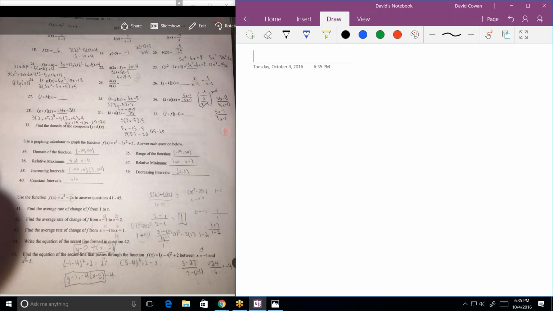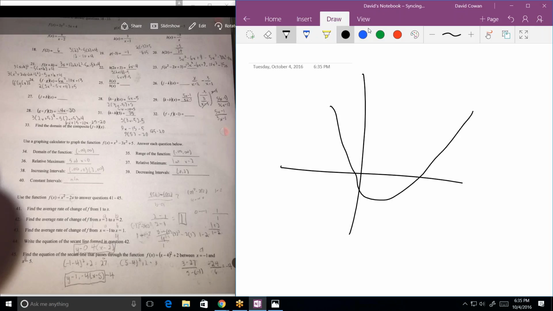Calculus is all about the slope not of the secant line, which is average slope, but the slope of the tangent line. If I have a parabola like that, notice the slope of the tangent line changes wherever I go on the curve. The slope of the tangent line is the first derivative.